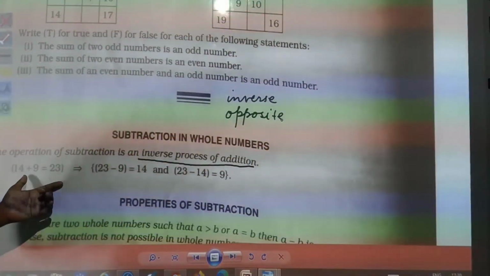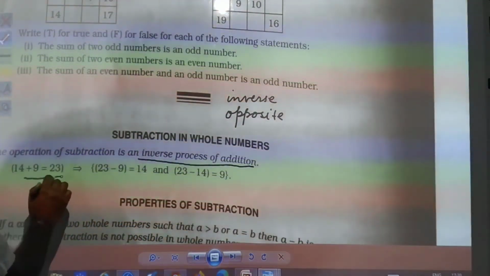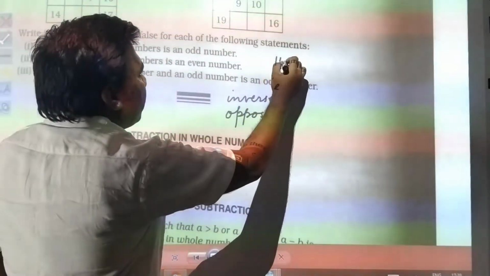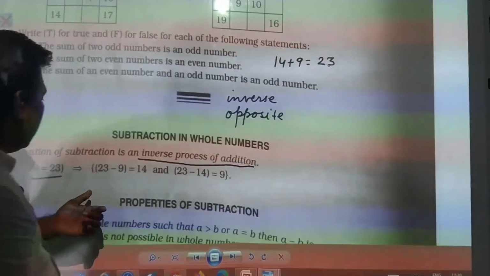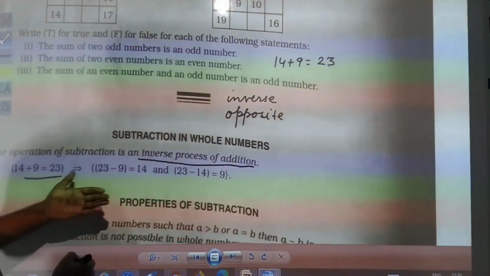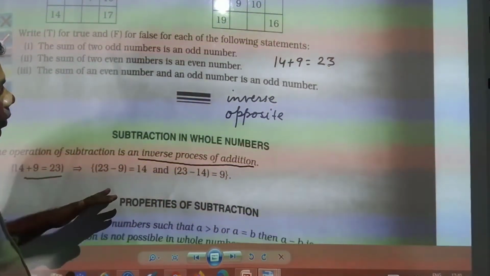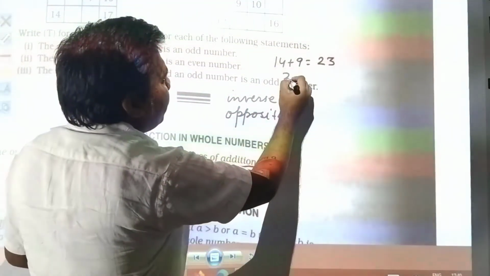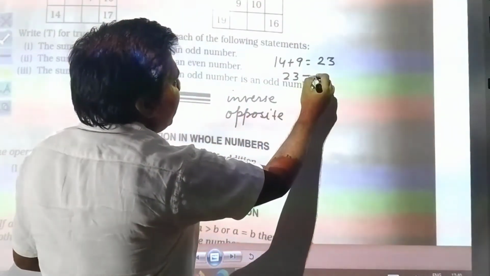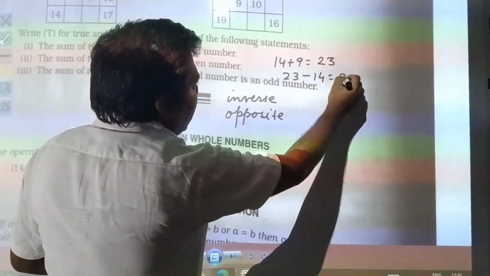So here you see some examples have been given. 14 plus 9 is equal to 23. In addition we add; in subtraction we do the inverse process of that. If from 23 we subtract 14, we will get 9.